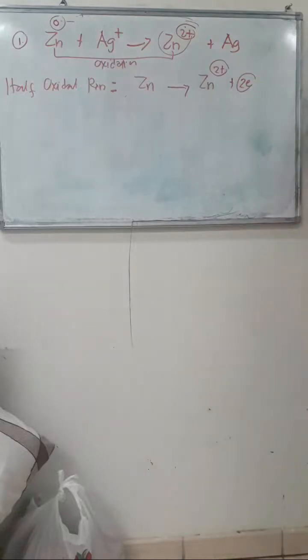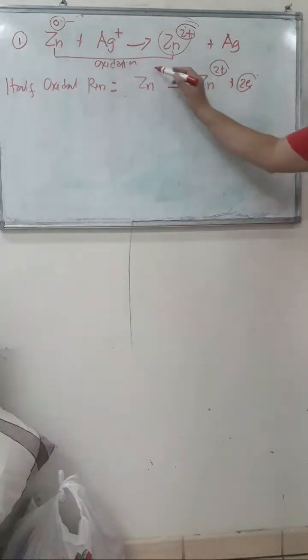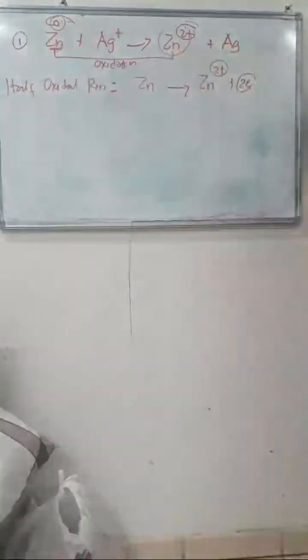Because zinc loses 2 electrons. That's why we need to put the 2 electrons beside the zinc 2 positive, so that the 2 electrons plus positive 2 is equal to 0, which is the original oxidation state of zinc. So that's the answer of why. Again, zinc is equal to zinc positive 2 plus 2 electrons. So, why do you add 2 electrons?